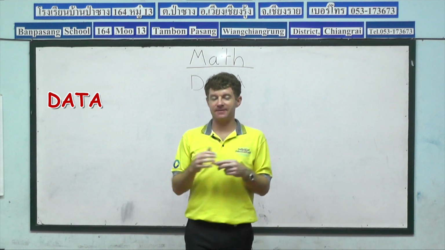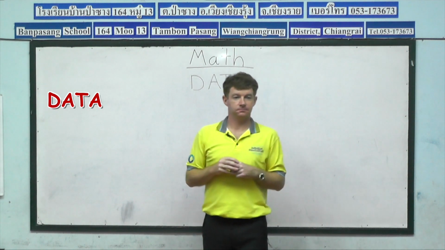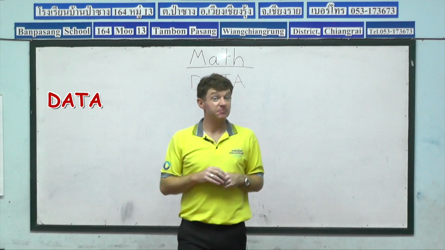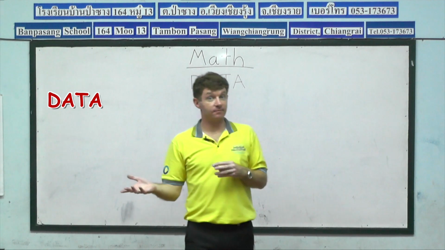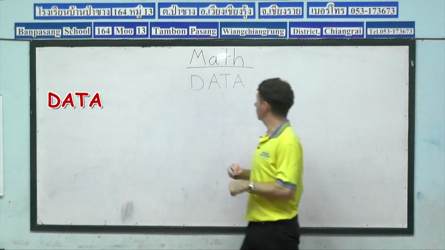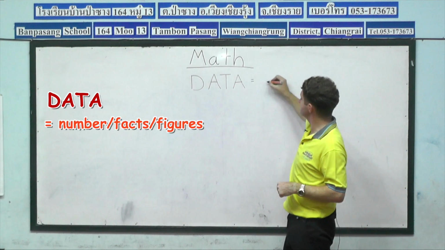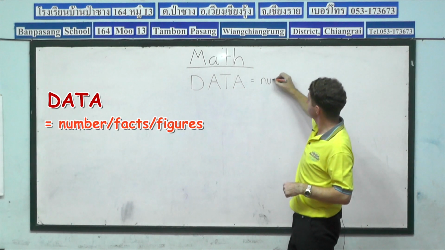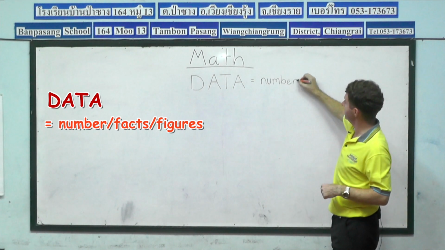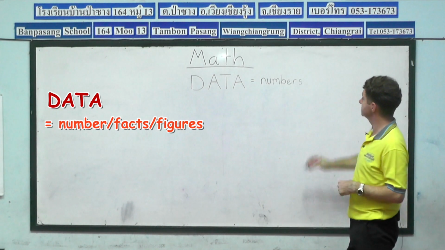Excellent. And can anybody remember what sort of explanation or summary we give for data? What is data? Data is numbers, facts, and figures. Okay, so data equals numbers, N-U-M-B-E-R-S.